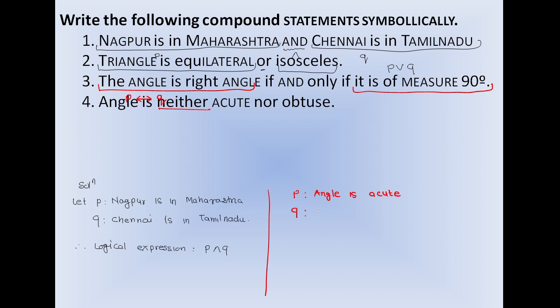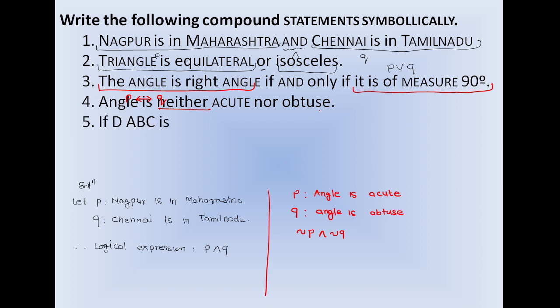And what about Q? Angle is obtuse. And these two are connected by neither nor, meaning negation of P and negation of Q. So the logical expression for this is negation of P and negation of Q.